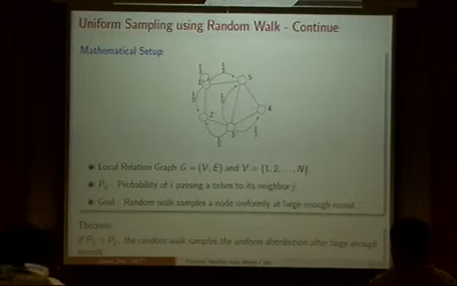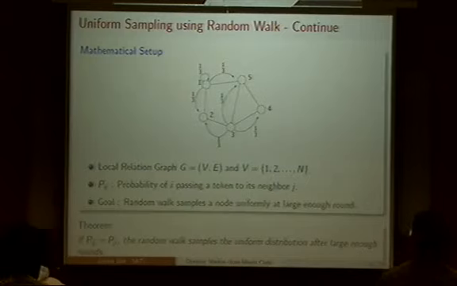With the rest of the probability, 1 chooses its random neighbor and passes the token. Now all the probabilities are 1 over 3. Therefore, this is trivially satisfied. This random walk eventually, after a large enough round, samples a node uniformly at random.